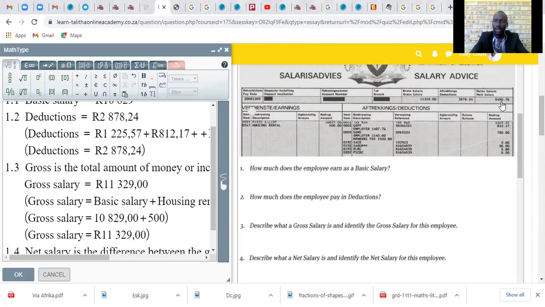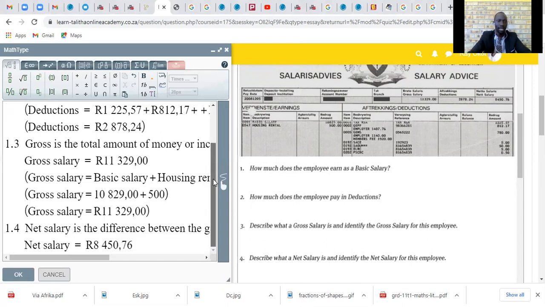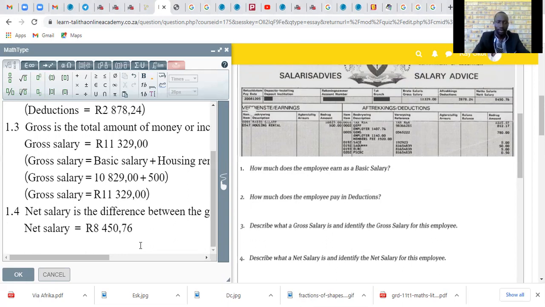Now notice that the net salary is here, 8,450. Now the net salary comes after we take away all the deductions from our gross salary. And so how would we have calculated net salary? The net salary could have been calculated a lot more easily by taking away deductions from gross salary.